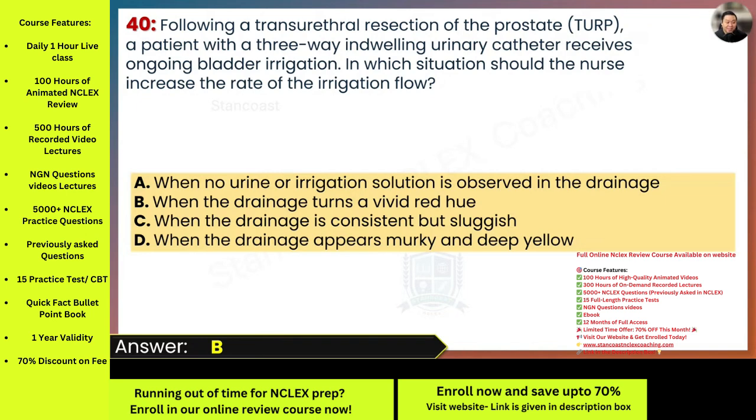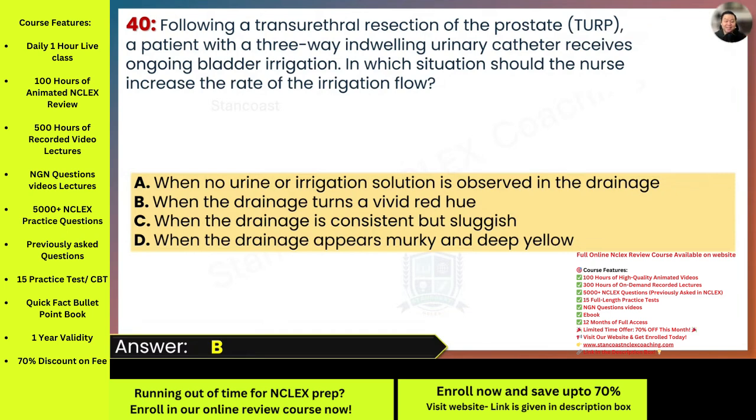Why A is incorrect. It says when no urine or irrigation solution is observed in the drainage. Well, if there's no urine or irrigation solution observed in the drainage, it could indicate an obstruction or maybe catheter displacement.